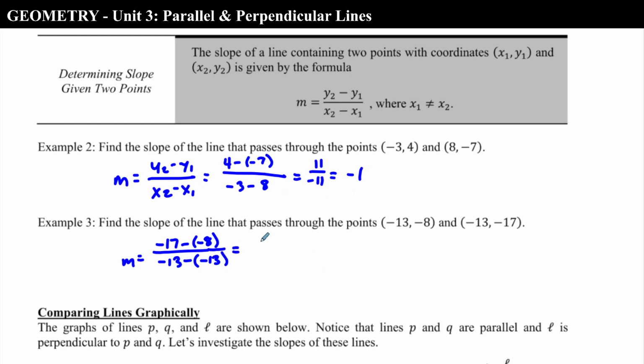Well, we get negative 9 on the top, and we get 0 on the bottom, which means our slope is undefined. This means we have a vertical line. And you can tell that because our x's are the same. So that would indeed give us a vertical line. Our equation of our line would be x equals negative 13.